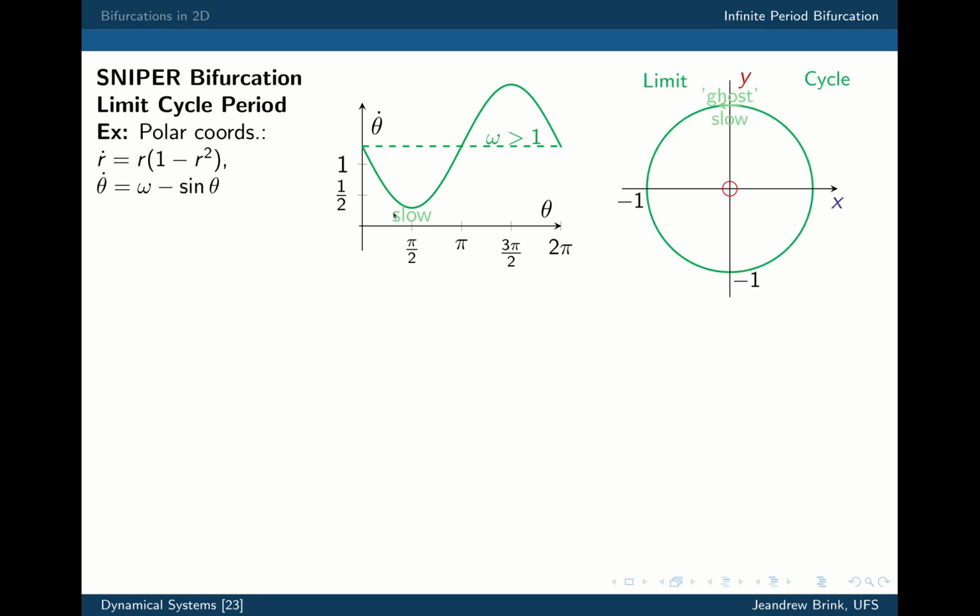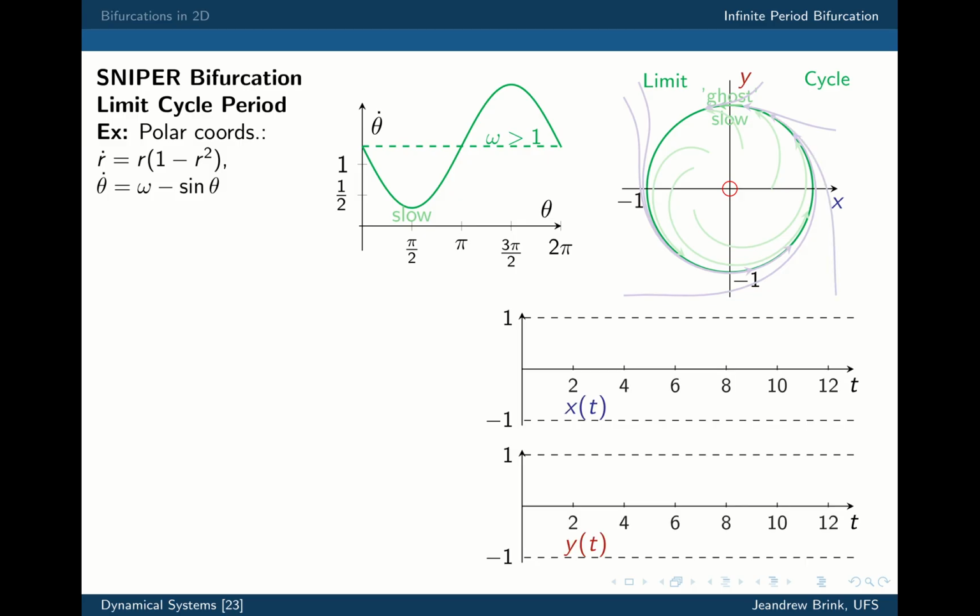And just to give you a more intuitive feeling for what the flow looks like, what we're now going to do is plot various trajectories, and then show you how each of the x and y coordinates behave as a function of time independently. Okay, so there's our limit cycle with all our trajectories.